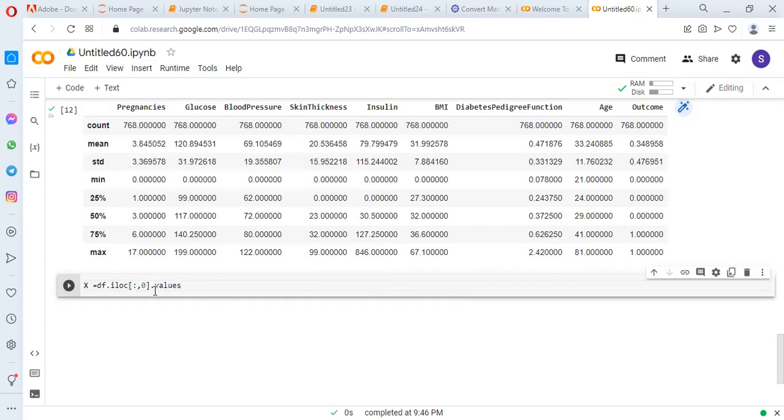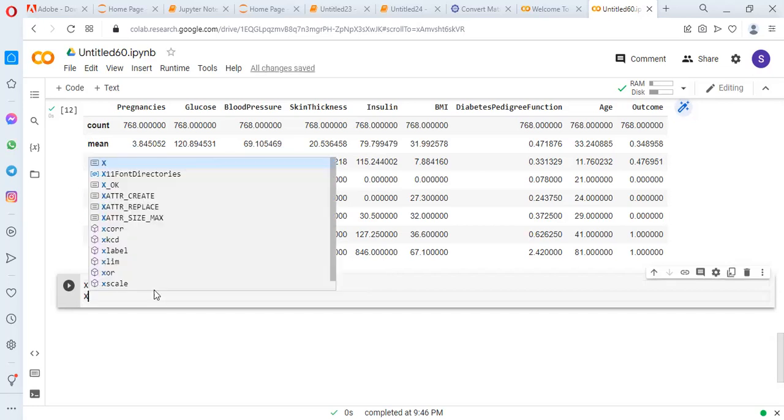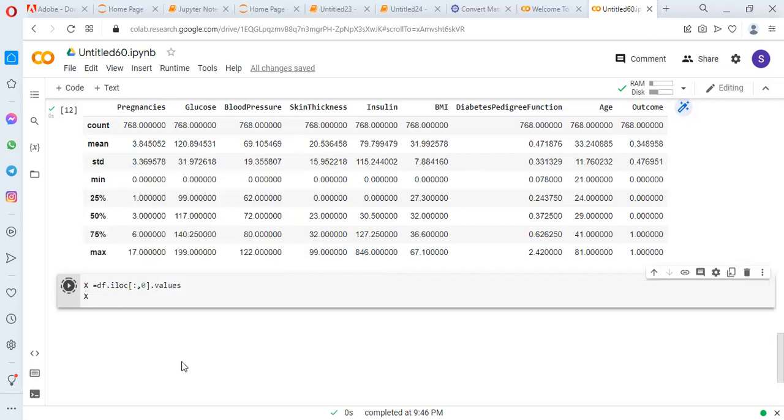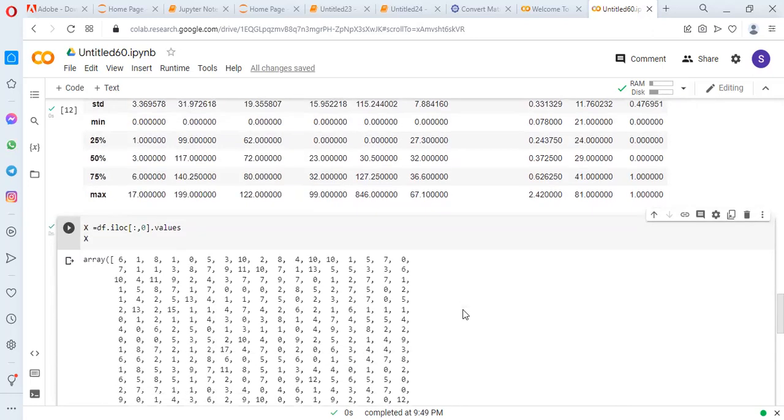Right now, after that, if I want to get the set of array, so these are the data of the 0th column from my data set.